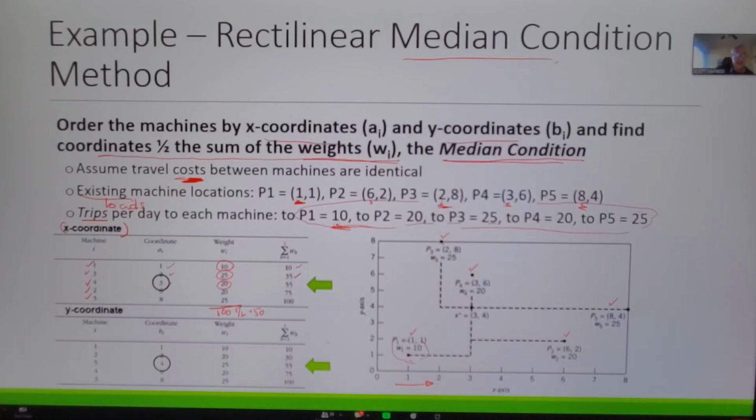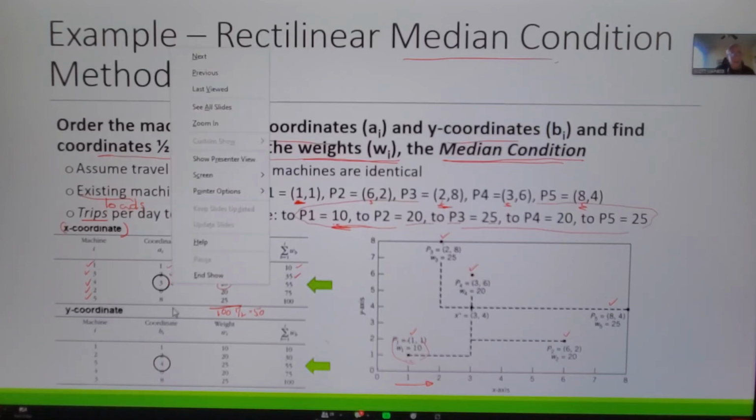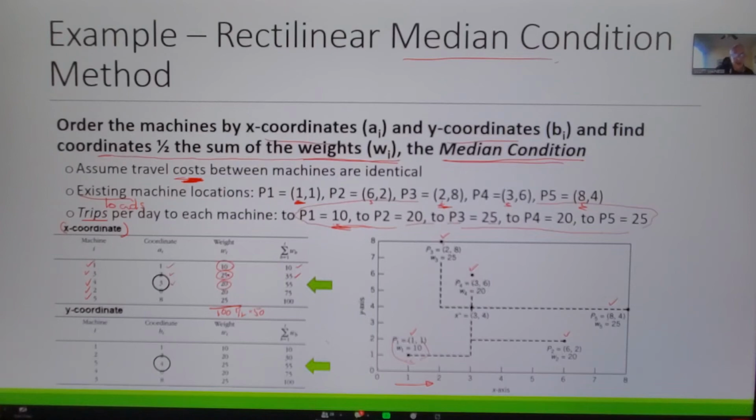If I make the x value for my new machine at 3, then that will cover 25, 45, 55 trips. If I make it at 6, then that will be 75 total trips.